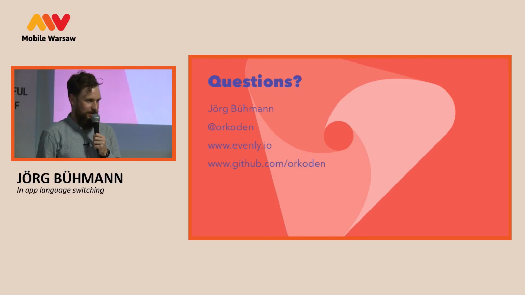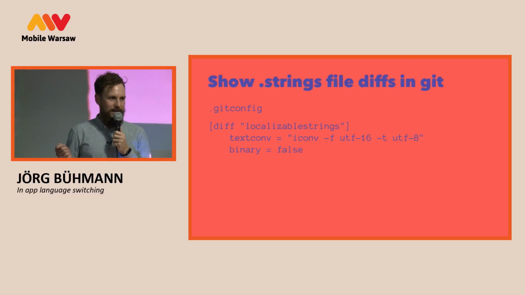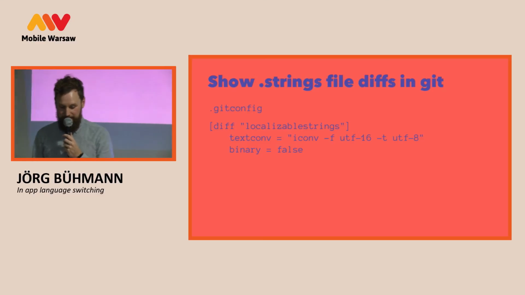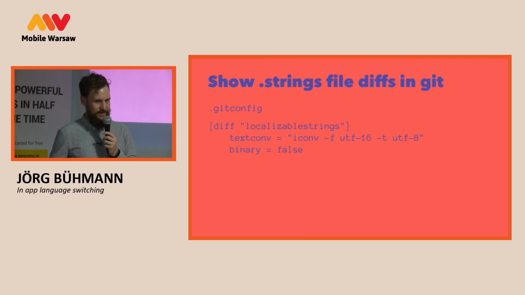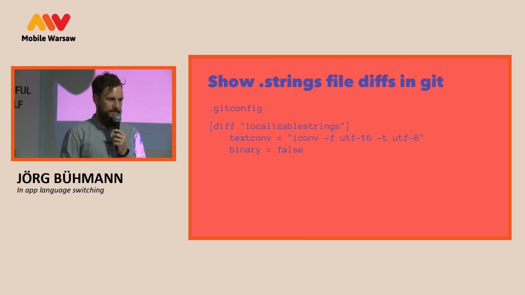Good, then I'll show you one last trick. Localized strings files are UTF-16 files, so if you diff them, git diff doesn't really like anything besides ASCII and UTF-8. But you can teach Git to diff pretty much all kinds of files that you can convert to UTF-8.